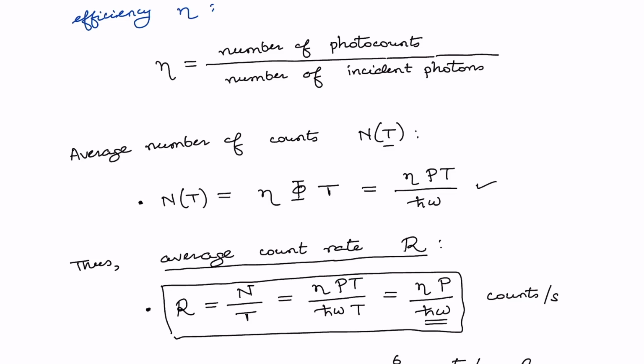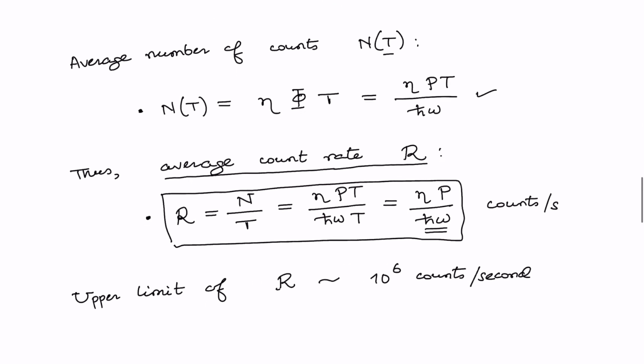However, there is an important point to note. The maximum count one can have is usually determined by the fact that the detectors need a certain amount of time to recover after each detection count. So suppose the detector is counting a certain number of photons, then for the next count it has to have some kind of a dead time so that it can operate effectively, and this time is generally on the order of 1 microsecond.